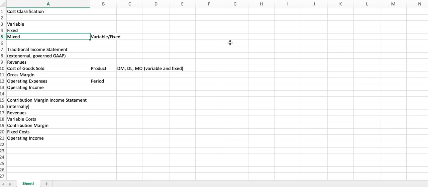So if you have some financial data and you're trying to put that together in a managerial accounting format, then you're probably going to want to do a contribution margin income statement. For example, you have cost of goods sold and it's $40 per unit.